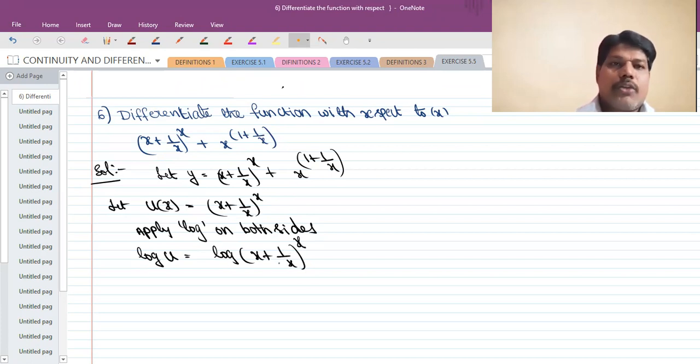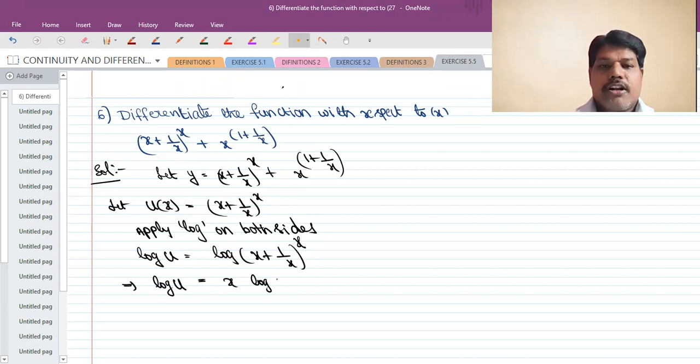Already you know the formula: log of p^n can be written as n log p. The power comes to the front, so it becomes x log(x + 1/x).